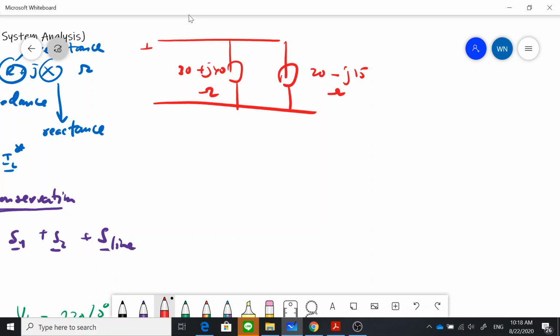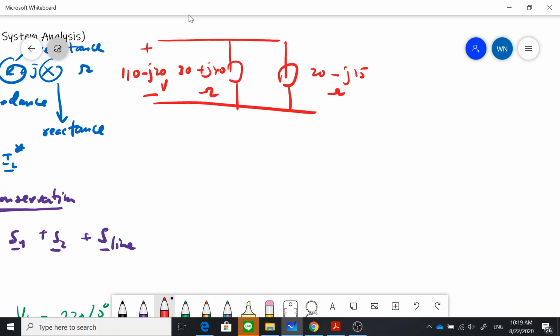And you know that the voltage drop at the combined load, at the load premises, is 110 minus j20 volts. Now with these two quantities, you can find the complex power delivered to the first load, and the complex power being consumed by the second load.